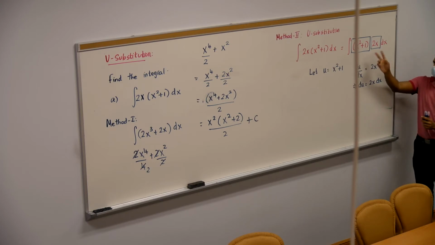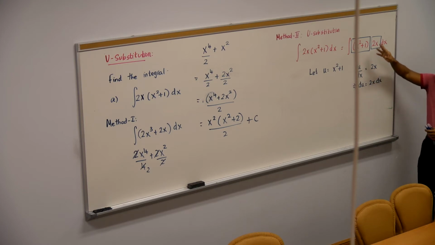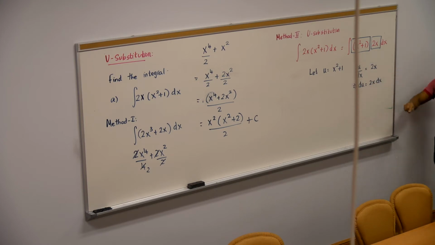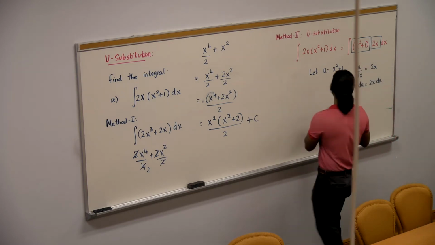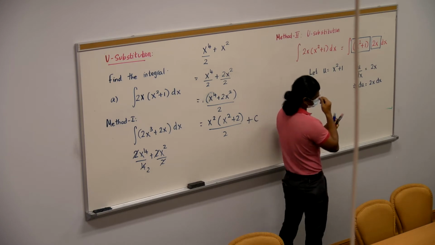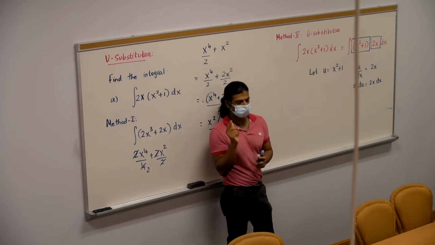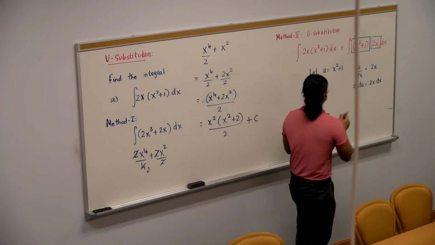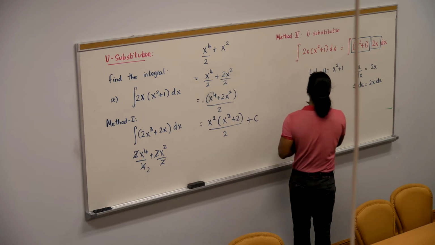So you've got to always ask the question, whatever u that I pick, when I take the derivative, does it give me the other part of the integral? In this case, it does. So I'm going to take the original integral that is in terms of x's, and I'm going to rewrite it in terms of u.